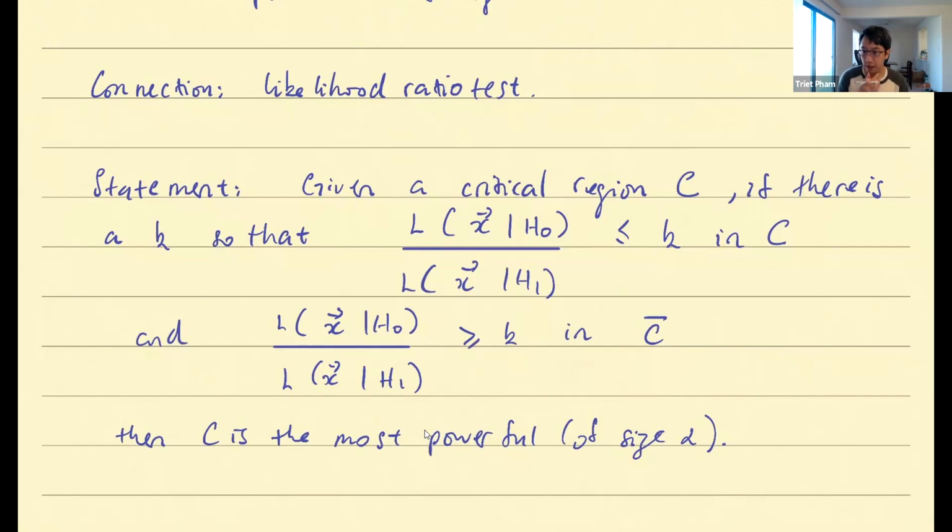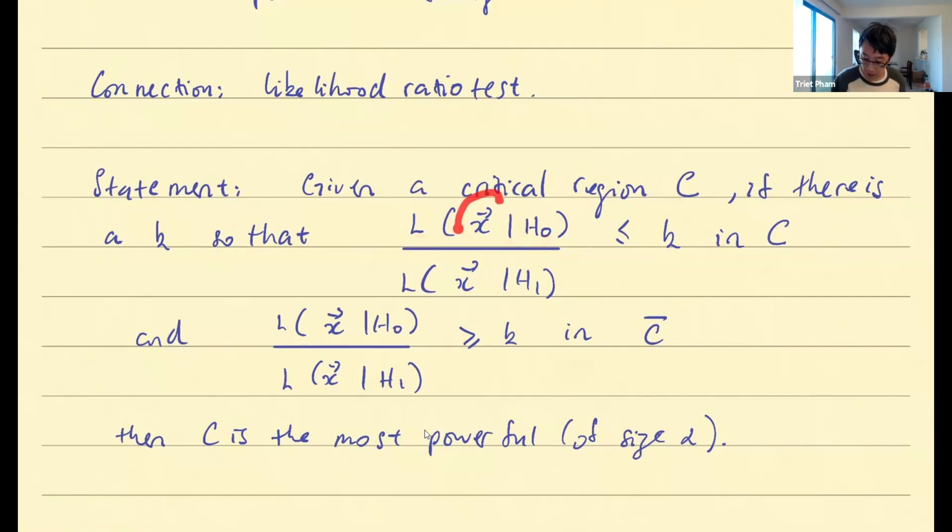So let that sink in a little bit. What's going on here? Forget about the whole statement yet. But first of all, it requires you to already have a critical region. Then it asks you to construct a likelihood function of your sample, of course.